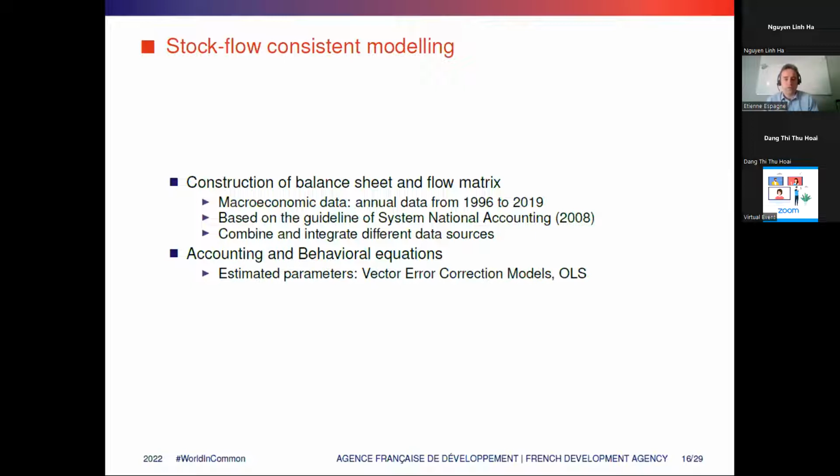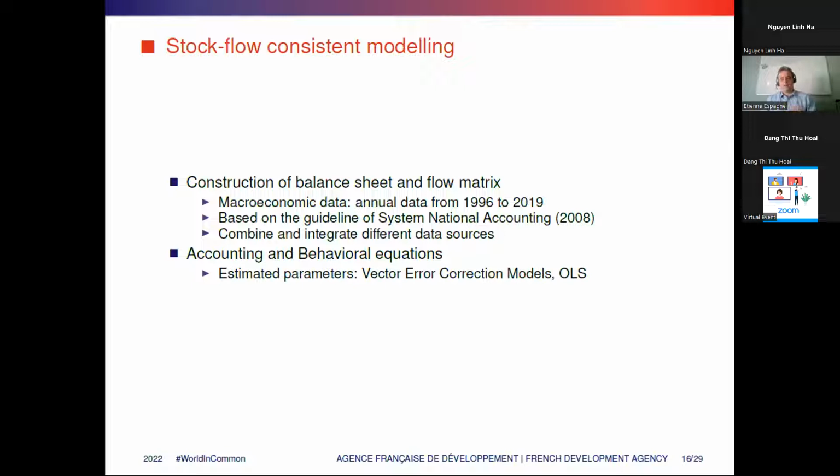It's a stock flow consistent model again, which starts by building balance sheets and a flow matrix for the key 5 institutional sectors of the economy, using data from 96 to 2019. So it's estimating over this time range based on the system of national accounts.